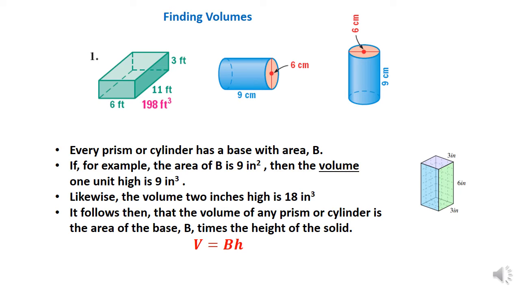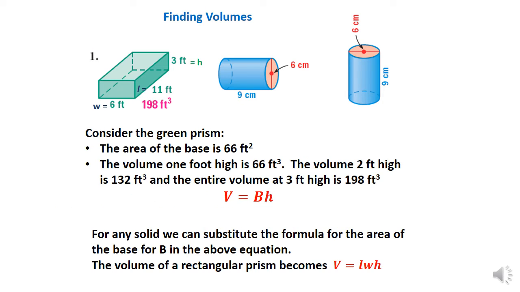It follows then that the volume of any prism or cylinder is the area of the base, capital B, times the height of the solid. Now let's consider the green prism again.